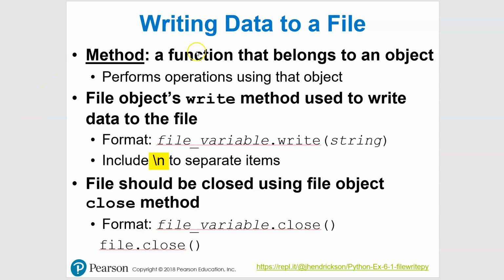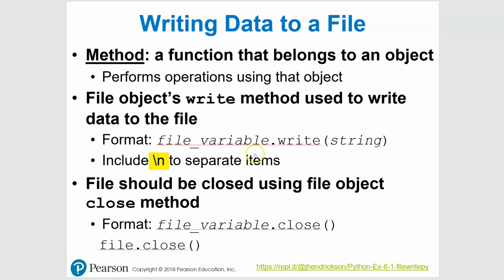And a method, just a real simple definition: a method is a function that belongs to an object, and it performs some operation using that object. So we've done this before, and you'll kind of see in a second. Once you've opened a file, you're going to use the file object's methods to perform operations on the file. We've done this with different things like, for example, using turtle and some of the things that we've built in there before.